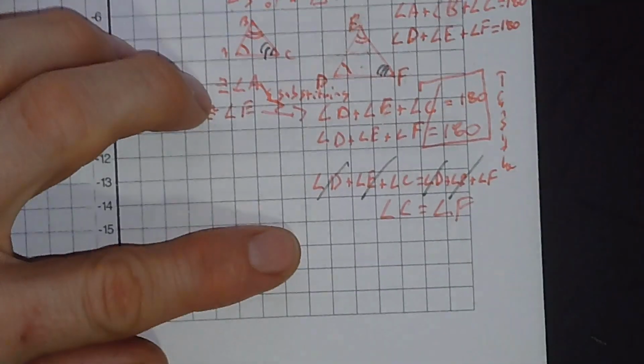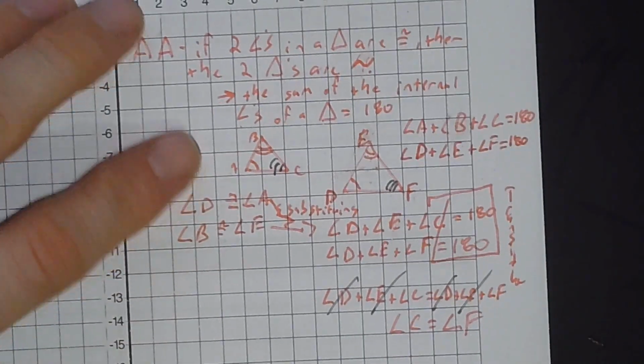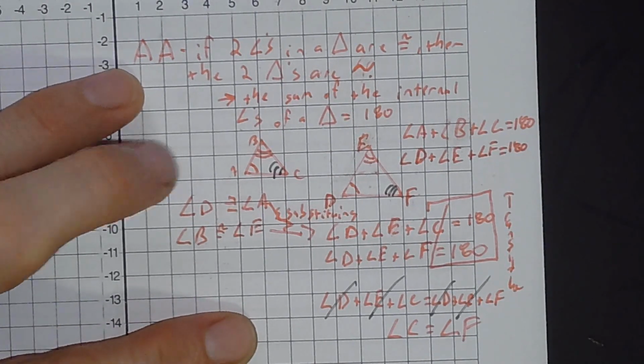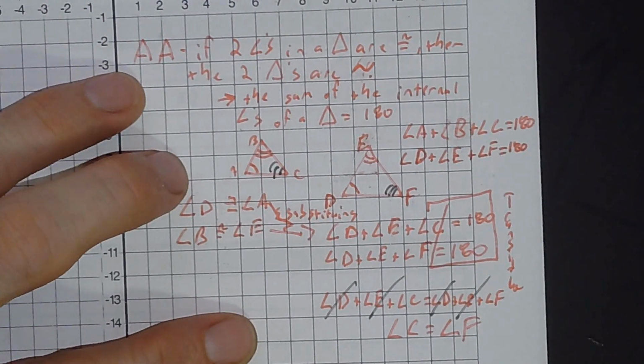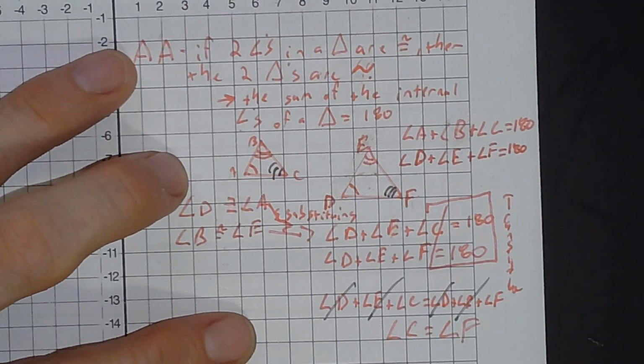Maybe zoom out a little bit so you can see all that work there. All right, so that's the proof that shows that has to be true. Okay, so you just take out this angle-side-angle.